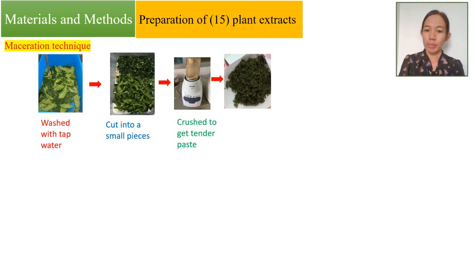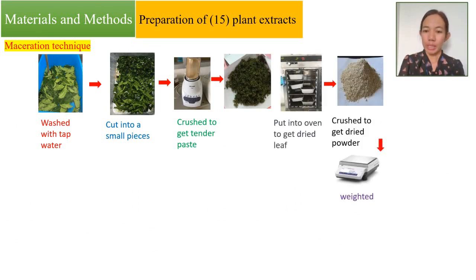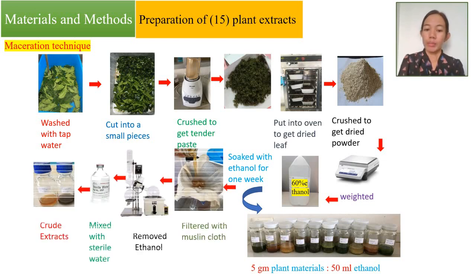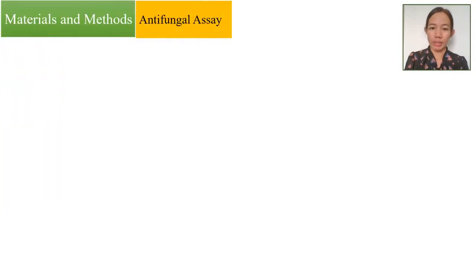Plant materials were prepared as fresh and dry powder and then soaked in 60% ethanol at a ratio of 1:10 for 1 week. After 1 week, the precipitate was filtered and the ethanol was removed, and the remaining extract was mixed with sterilized water, and 50 plant extracts were ready for further tests.